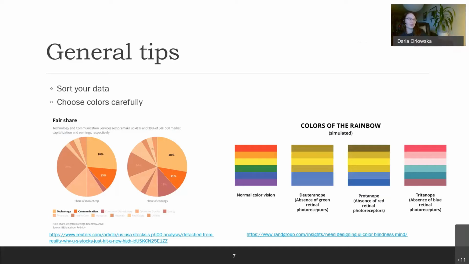The other notable thing is that they're not sorted. The largest percent, 28%, is on the top right, which is correct. But then you have 11%, and then larger and smaller percentages follow, kind of mixed up in between.